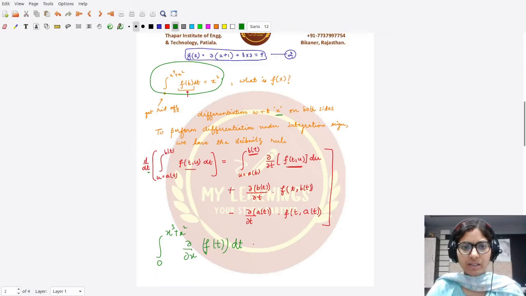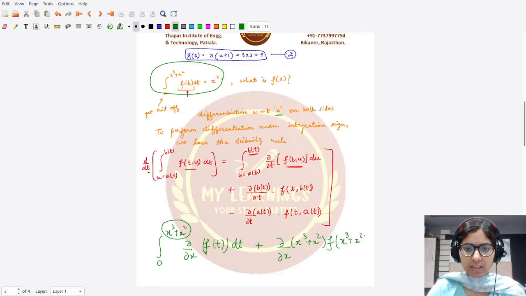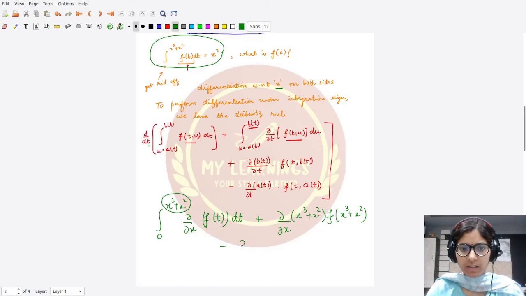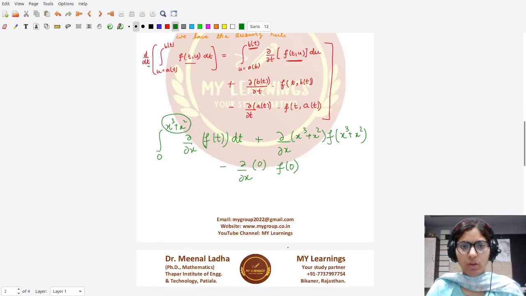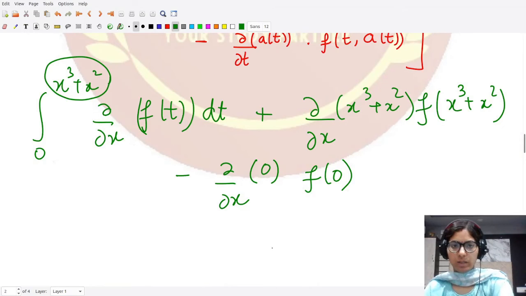This is the first term, plus the partial derivative with respect to x of the upper limit, that is x cube plus x square, and the function's value where in place of the variable we write this, and minus the partial derivative with respect to x of the lower limit. The lower limit in this case is 0, and the function's value evaluated at 0. So this is our Leibniz rule here, right?